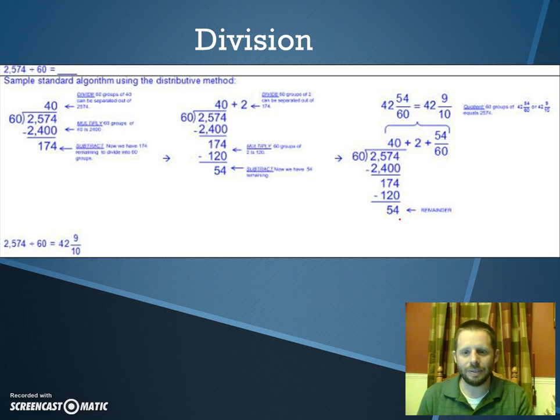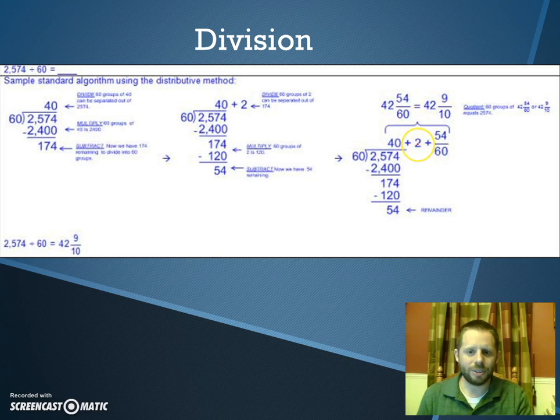It's what's left over. So one of our options for what we can do with our remainder is we can take our remainder and put it over our divisor, which was 60, to make a fraction 54/60ths. Okay, because there's not enough left to make the full 60. So that's our part of our whole that's left, 54/60ths. So the combination of these makes our quotient.